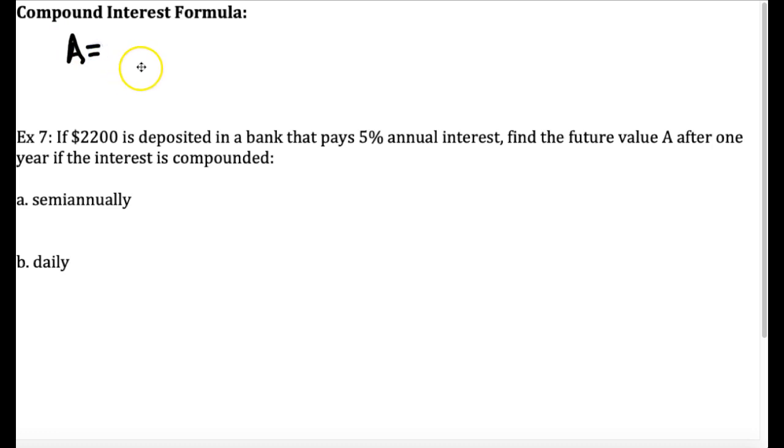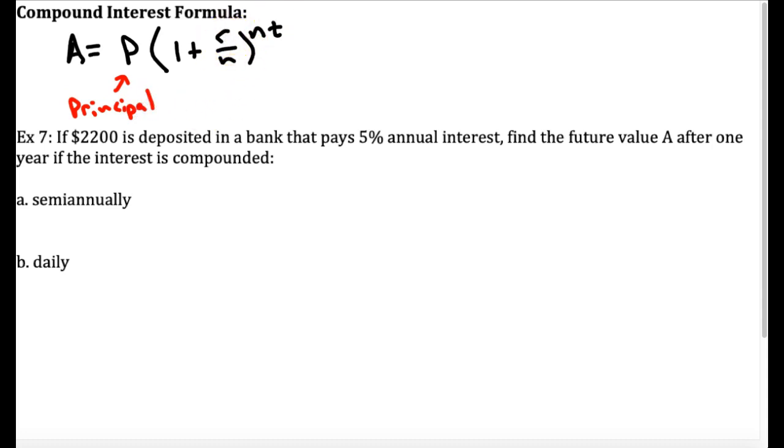A equals P times 1 plus R over N to the NT power. Okay, now, just like before, P is principal, and that means the amount of money that we started with.